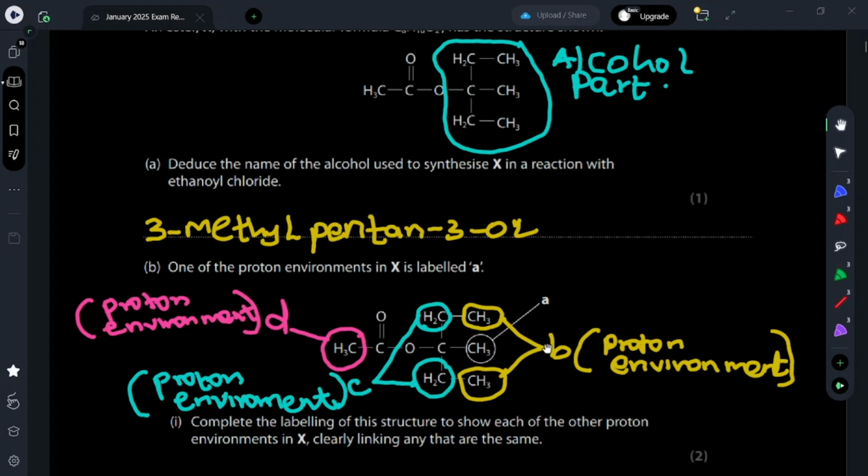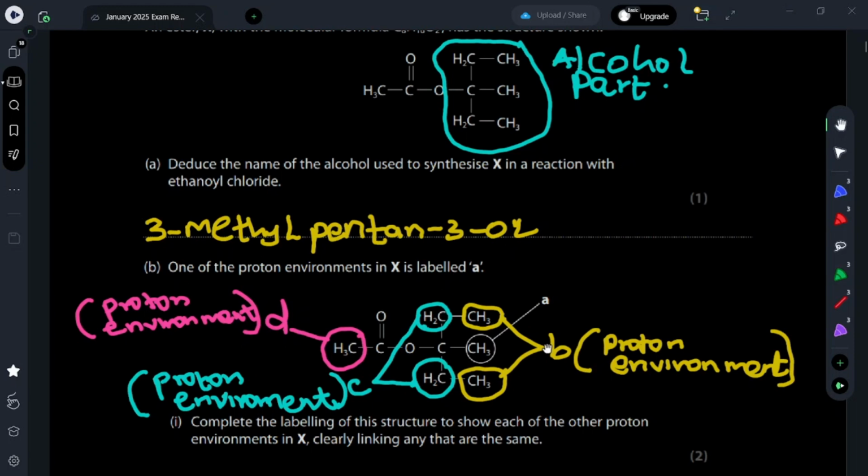So that is B. We have C, another proton environment, CH2, CH2. The two are bonded to the same carbon, so they are the same. They are identical proton environments, and they are going to show the same area of peak.